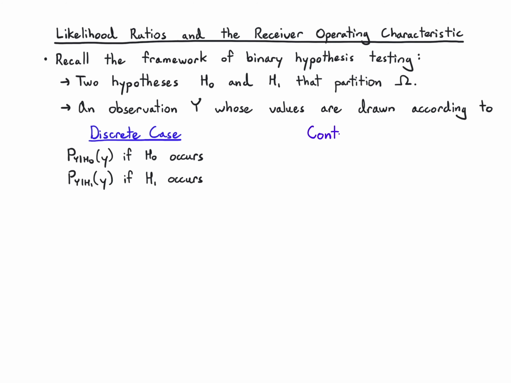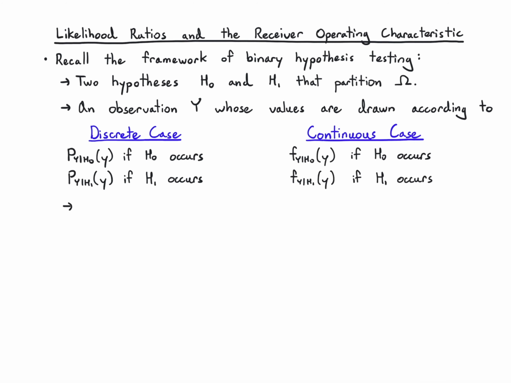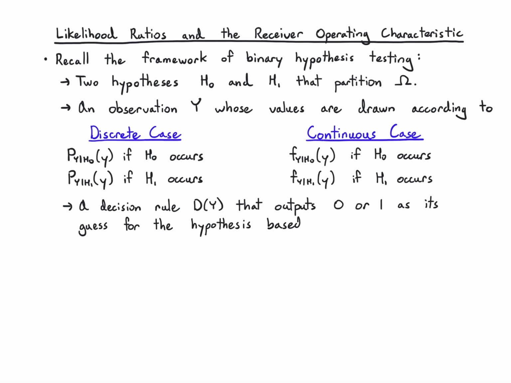In the continuous case, you'll have a conditional PDF. You'll have f of Y given H0 if H0 occurs, and f of Y given H1 if H1 occurs. And you need to come up with a decision rule that takes in Y and outputs 0 if you think the hypothesis is 0, and 1 if you think the hypothesis is 1, based only on looking at Y. So that's what we looked at in the previous video.